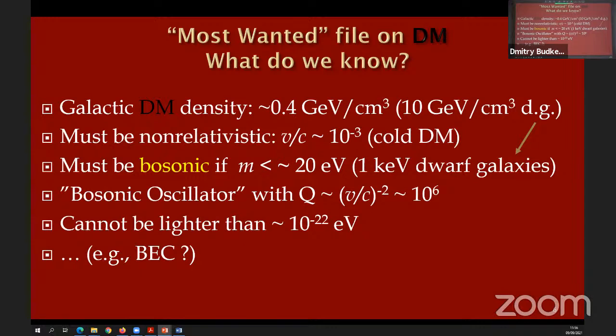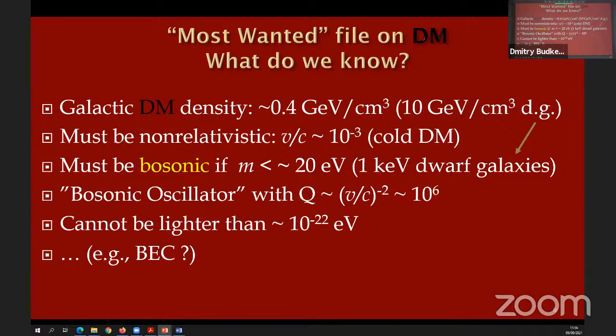So you immediately calculate how many of those you have. Then you do this calculation for the Fermi velocity. Now you have all the numbers. And once again, your Fermi velocity better be smaller than the escape velocity from the galaxy. Otherwise, dark matter is gone from your galaxy.